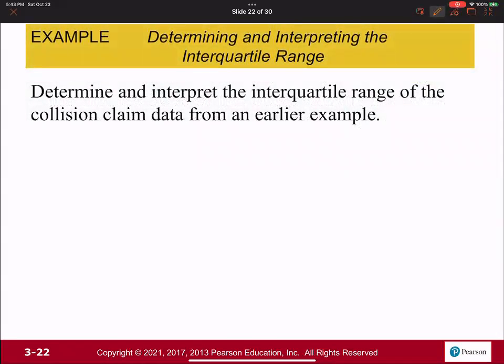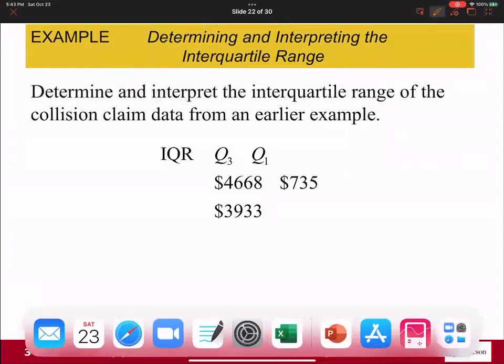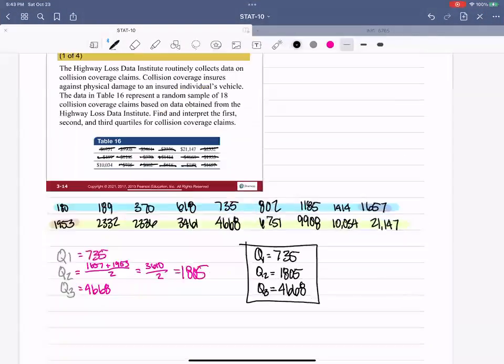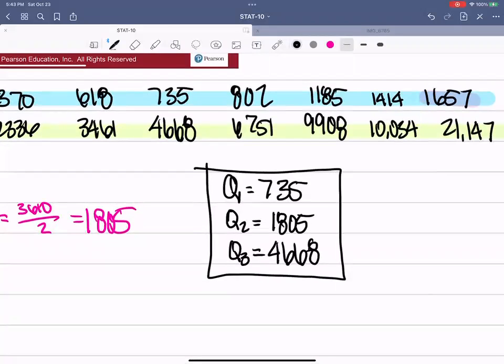So determine and interpret the interquartile range of the collision claims data from the earlier examples. So IQR, we have the third quartile and the first quartile. So we take the difference between those two. And if you don't remember what they were, it was this data right here. So Q3 that we found earlier minus Q1 that we found earlier.